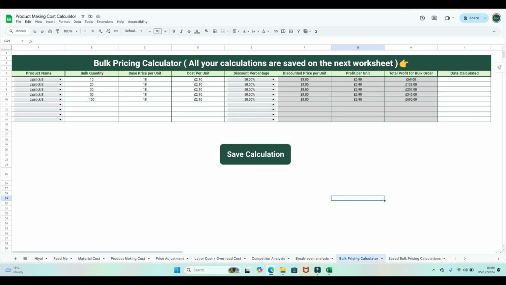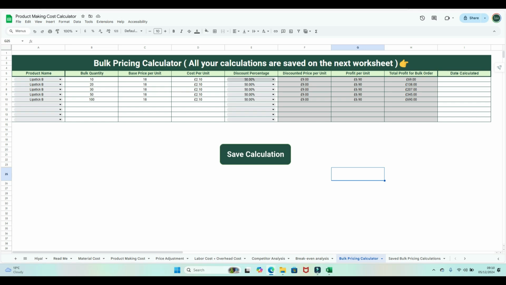So you're still making profit, and this just gives you the total profit for the bulk. Okay, so you already know that if you give 10 lipstick and you discounted it at 50%, where you're selling it for £9 instead of 18, you're still going to make a profit.